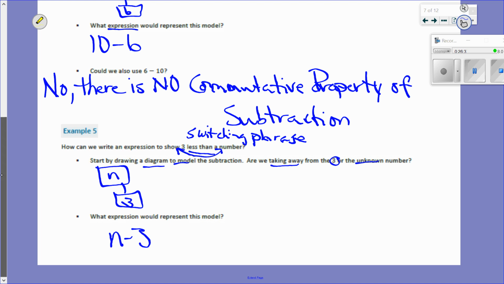Guys, I want to just add one. Do me a favor and write over here "switching phrases." I'm just going to give you a few of them.